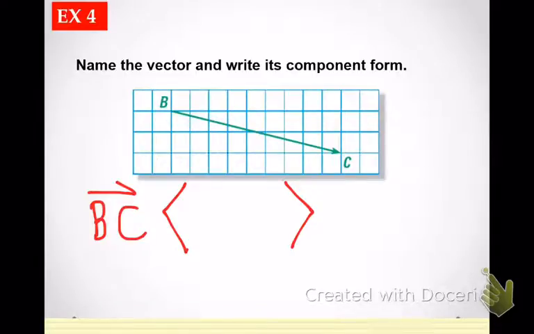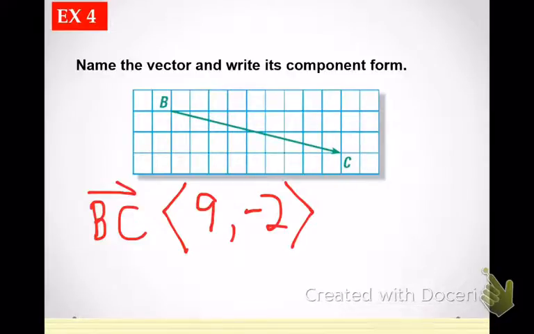It's going right this time, so it's positive. So it goes over 1, 2, 3, 4, 5, 6, 7, 8, 9. It goes over 9. Did I count that right? Yeah. Okay, so the first number would be 9. What would the second number be? Yeah, it goes down 2, so it's 9, negative 2. That would be the component form of that vector.